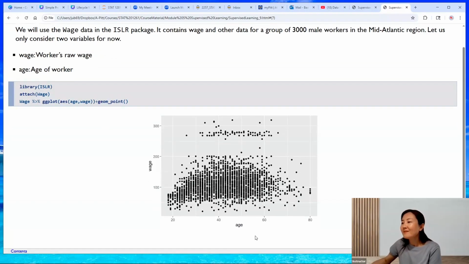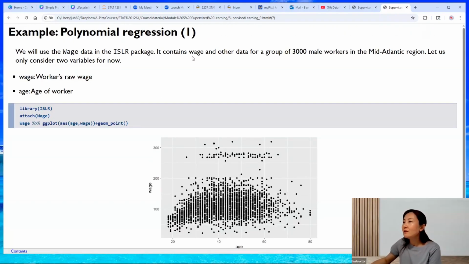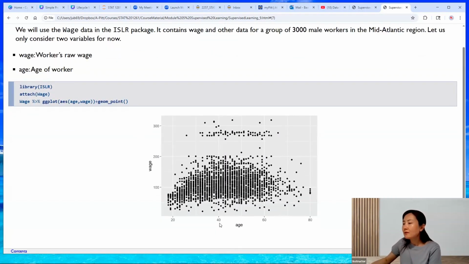Let's study the relationship between age and wage. This data set contains wage and other data for a group of 3,000 male workers in the Mid-Atlantic region. In particular, we just consider two variables, wage and age of the workers.